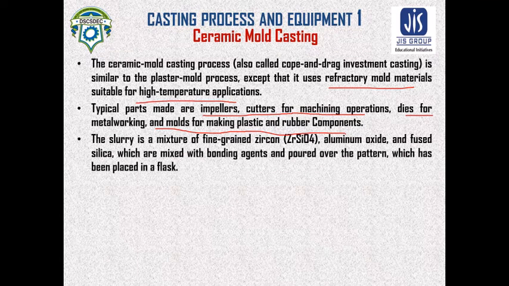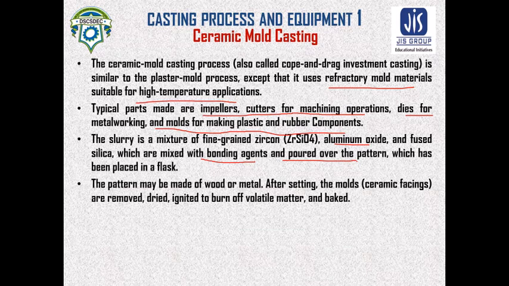The slurry is a mixture of fine grain zircon, that is ZrSiO4, aluminum oxide and fused silica, which is mixed with other bonding agent and poured over the pattern, which has been placed in the flask. The pattern may be made of wood or metal.